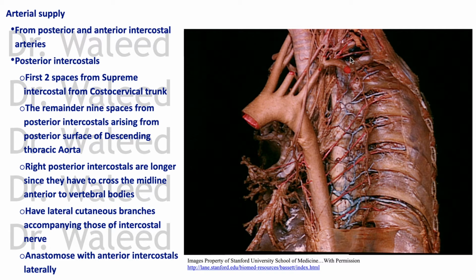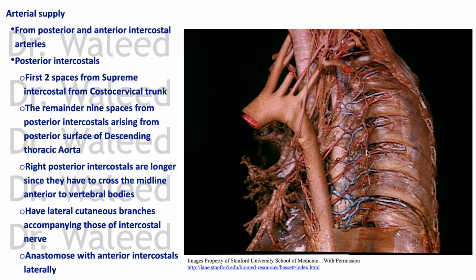Now, do you recall the costocervical trunk? Yes, it's a branch of the subclavian. Which part? Second part of the subclavian, and it goes backwards as deep cervical, and then this sends an inferior branch that will supply the upper two spaces.